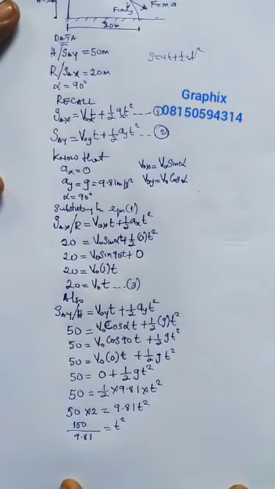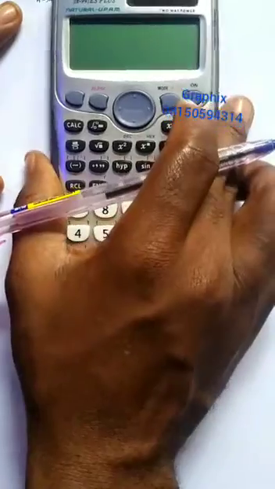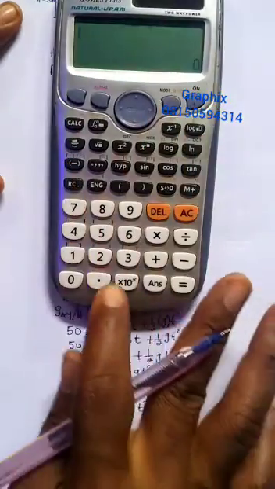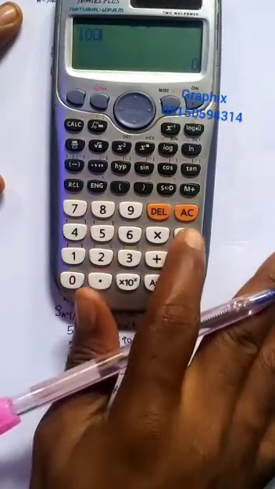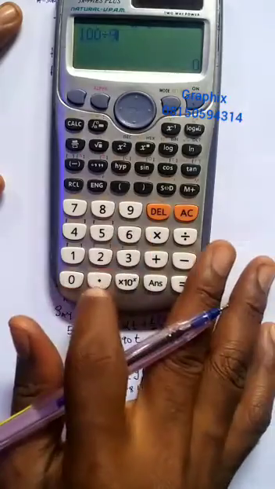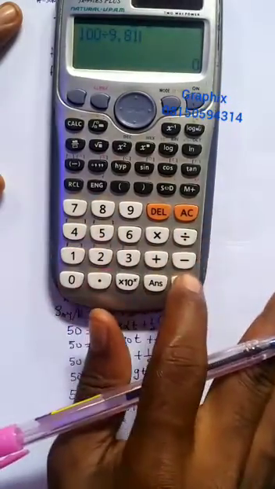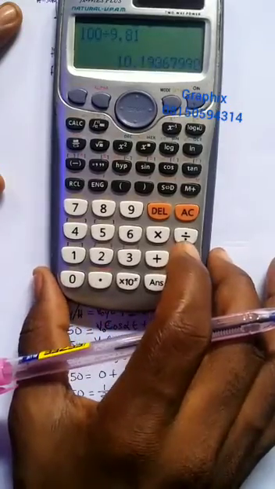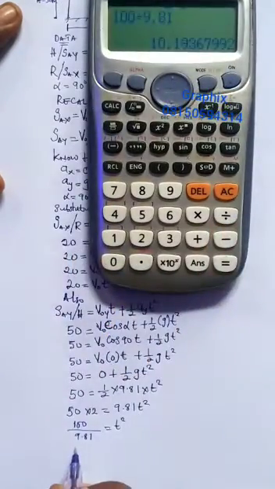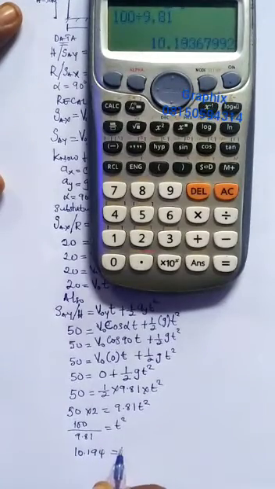So from here, 100 divided by 9.81 will give me 10.194, which equals T squared, right?